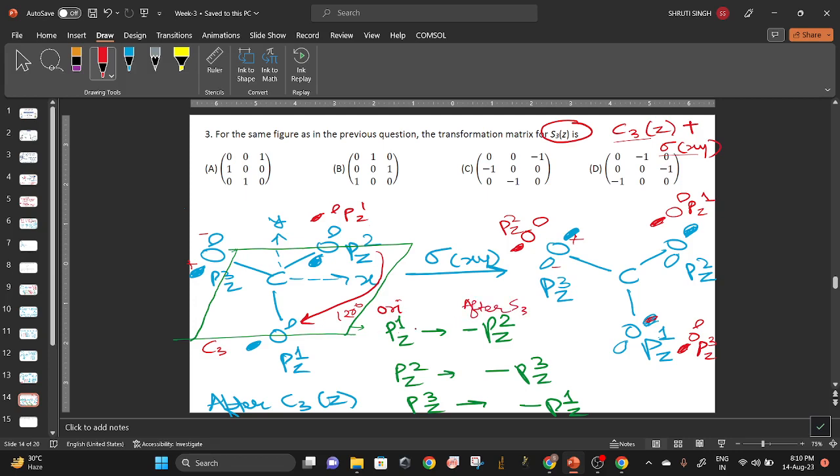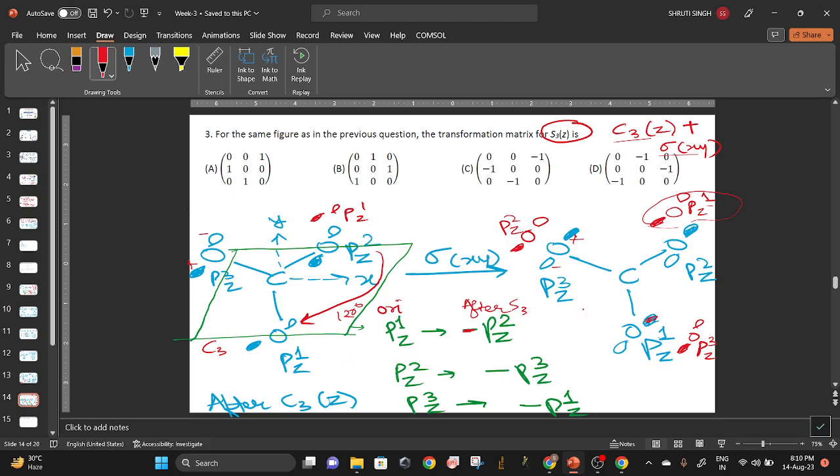Originally pz1 was here, this place is pz1. What it became: the place of the atom got changed, pz1 became pz2, plus the sign also got changed. So pz1 became pz2 and the sign of lobes got reflected, so for that I have written negative. Got it? Yes, ma'am.